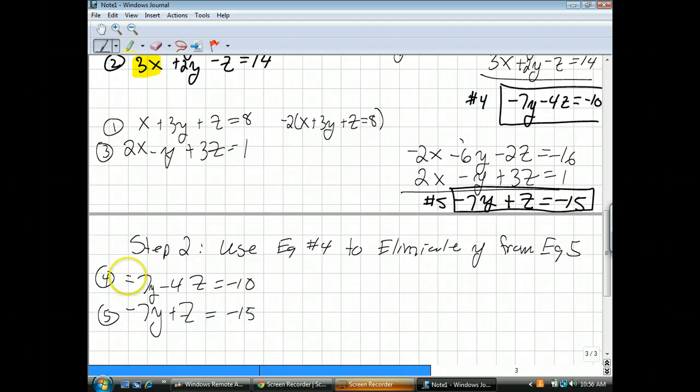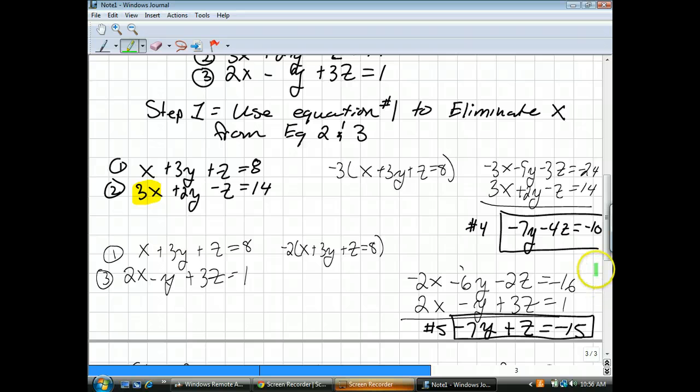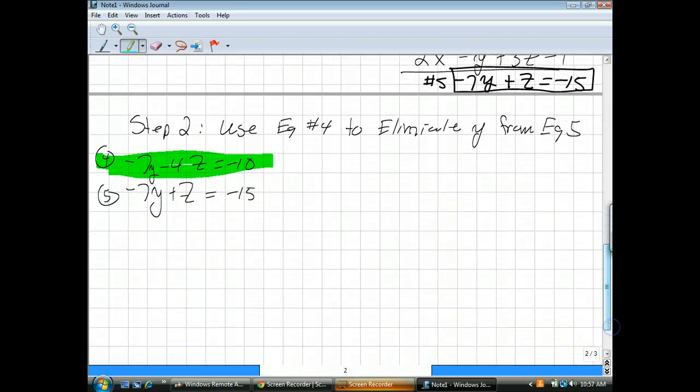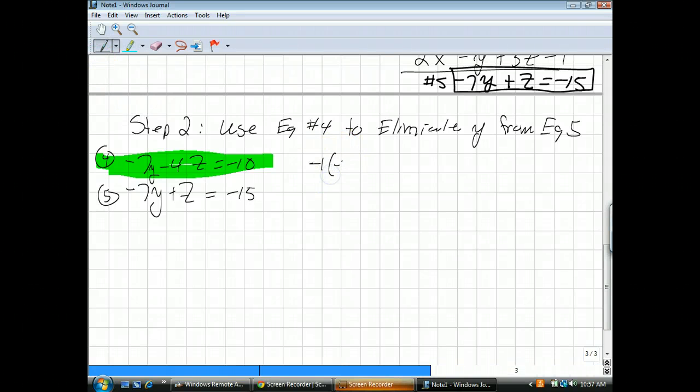So if I take equation 4, let's highlight equation 4 because we don't want to lose that one. And the same thing with equation 1. We want to highlight that because we want to come back to that. So I need to take equation 4 and multiply it by negative 1. That's going to be 7y plus 4z equals 10.